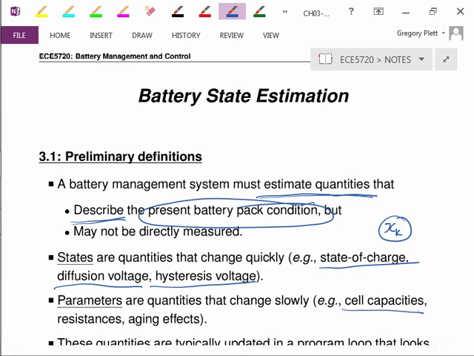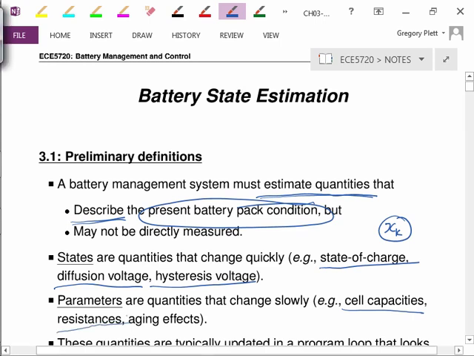So maybe over its lifetime of 10 to 15 years, we might lose only 30% capacity. So only a couple percent capacity loss per year would be expected. Much slower rate of change than states that can change in minutes. We're talking here years, orders of magnitude difference.